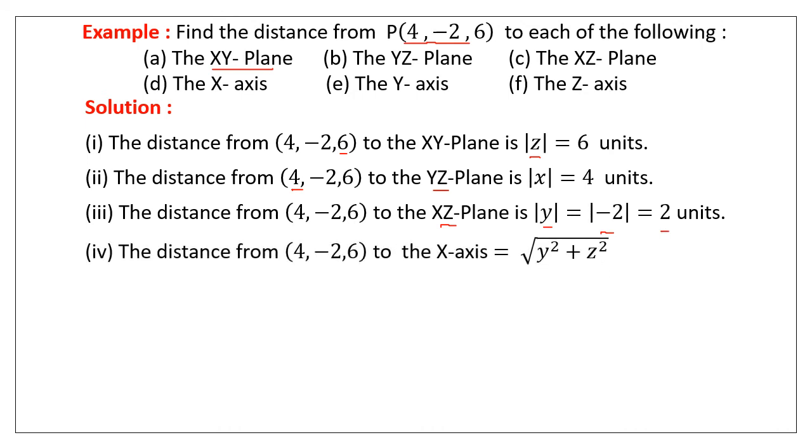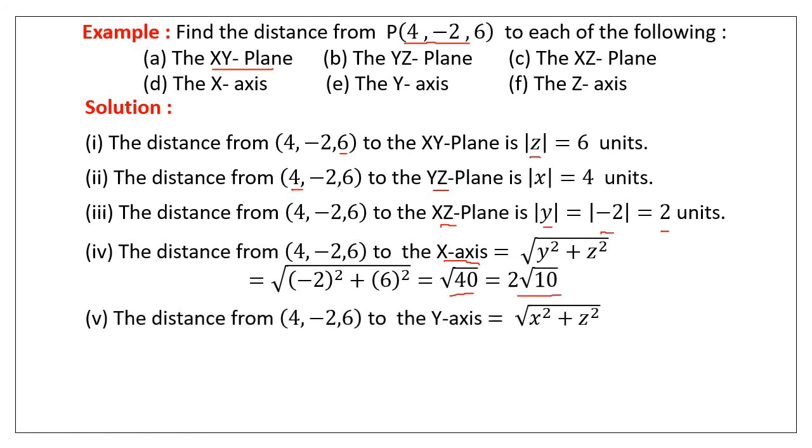The distance of a point to the x-axis equals under root y square plus z square. Substitute the values of y and z there. So we will get under root 40, which equals 2 root 10. Similarly, student, the distance of the point from the y-axis equals under root x square plus z square.